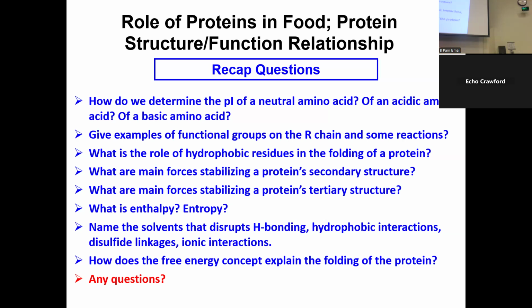Heat can disrupt hydrogen bonding, but strengthen hydrophobic interaction. So what can disrupt disulfide bonds? What do you add? DTT, yeah, or BME. So reducing agents. You reduce the disulfide linkages. Okay, what could disrupt ionic interaction?